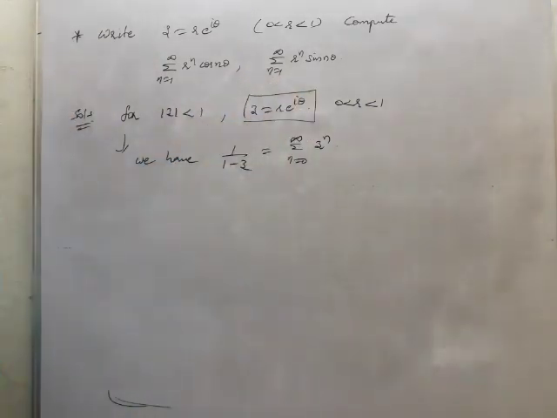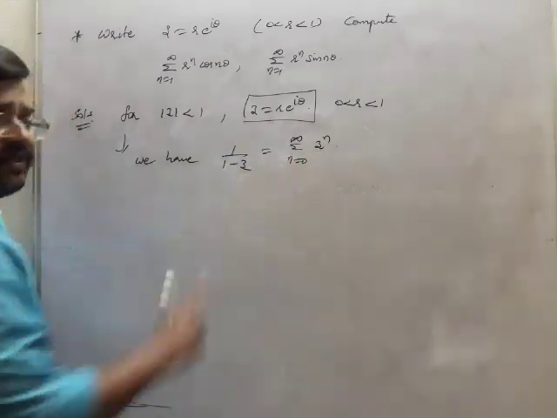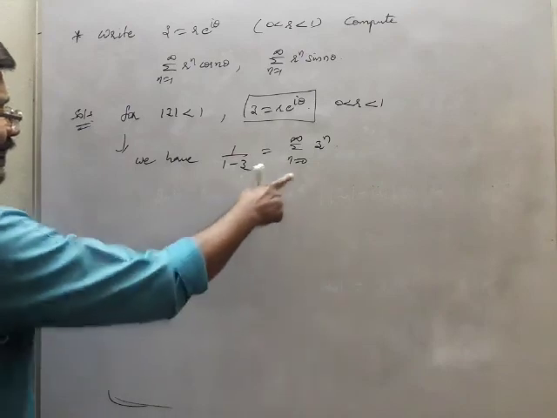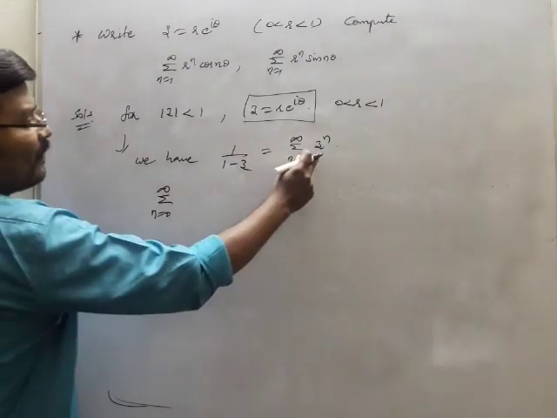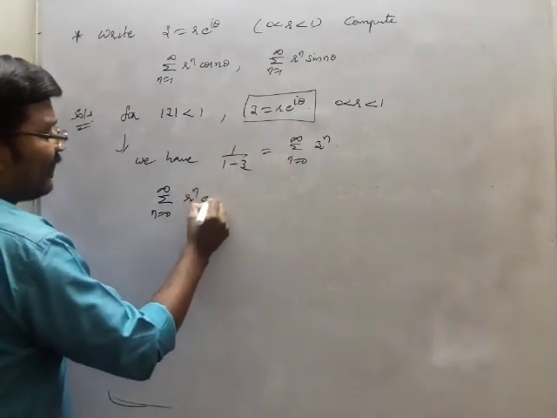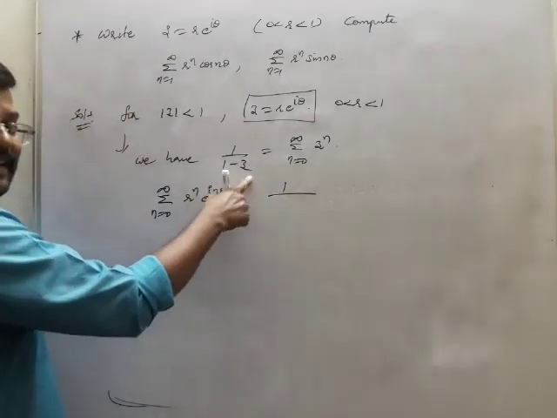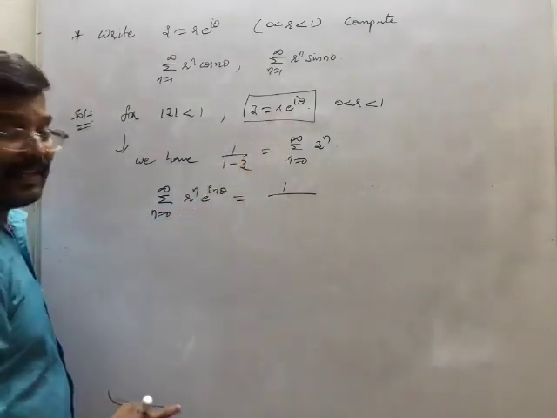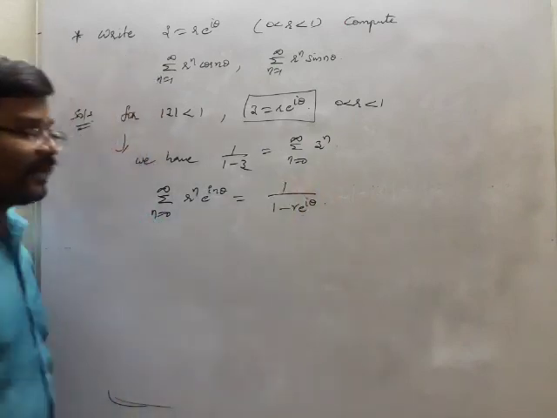So we need to find out these two values. What we are supposed to do is take z is equal to r e^(iθ) on both the sides. I'll take first the summation n equal to 0 to infinity of z^n. z is nothing but r e^(iθ), so I will write r^n e^(inθ). For 1 minus z, z is r e^(iθ), so 1 minus r e^(iθ).